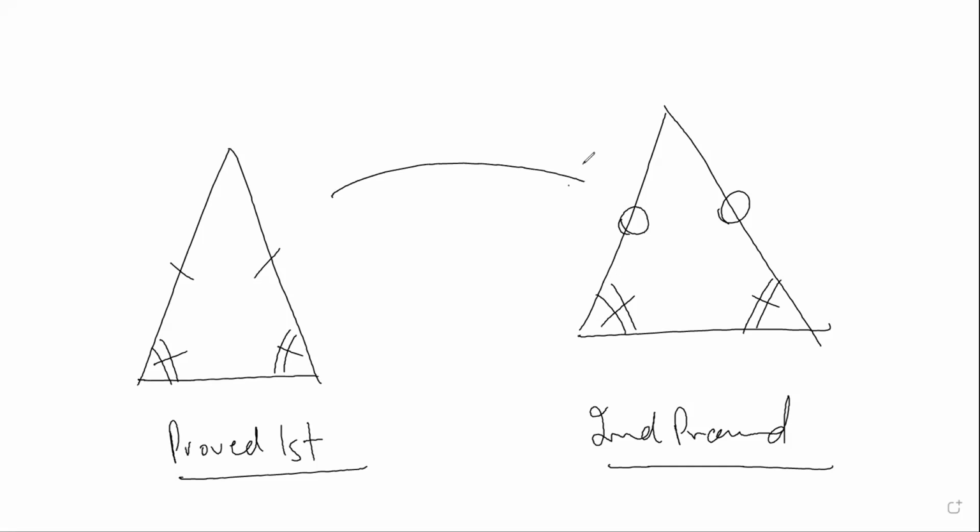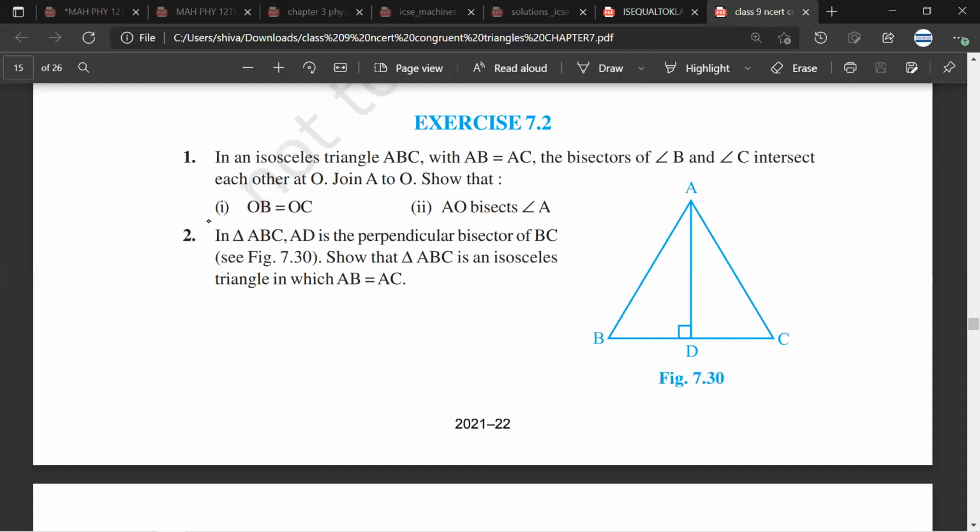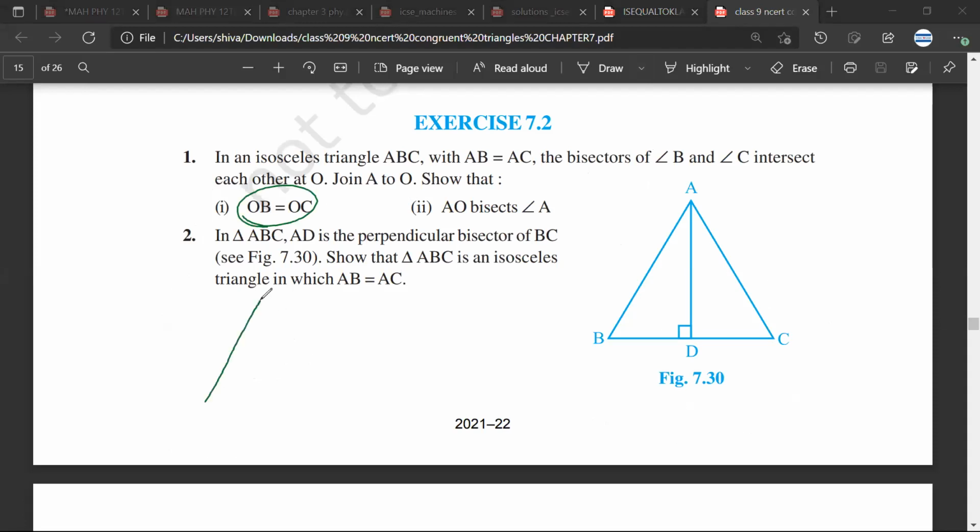Yes, sir. So we first proved this, then we proved the inverse of this. And using these two results, we have been able to prove that OB is equal to OC. Sarthak, have you understood or are you confused? I understood.